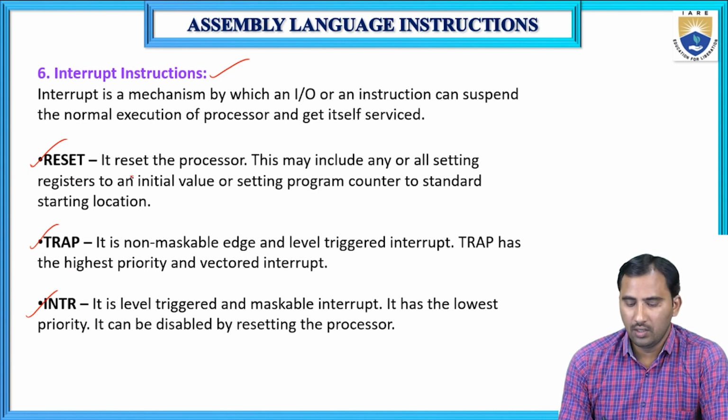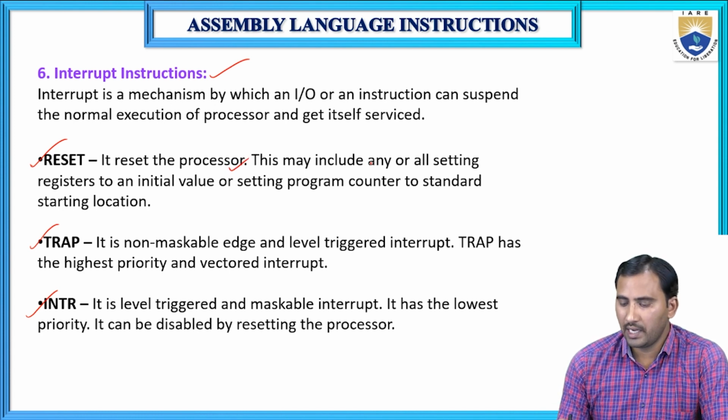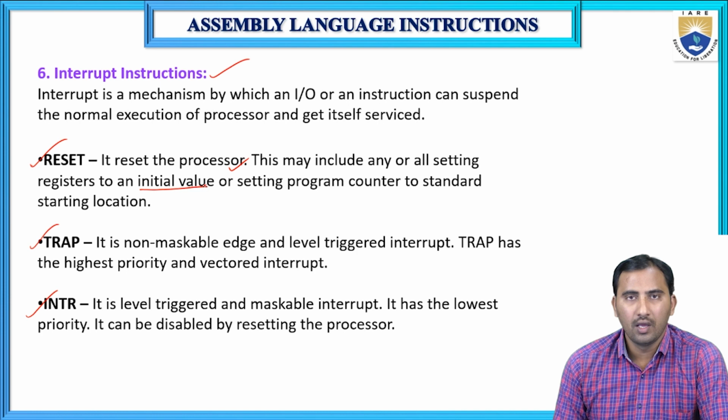So reset resets the microprocessor. This may include setting any or all registers to an initial value. Whenever we reset the processor, all the registers inside the microprocessor will be set to their initial values.